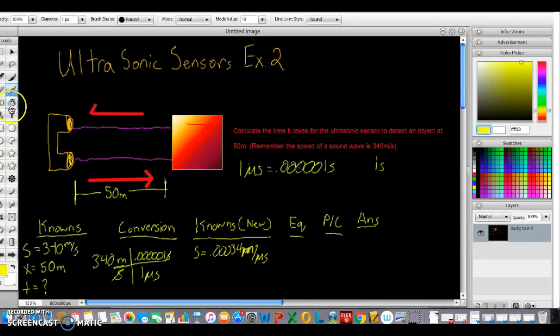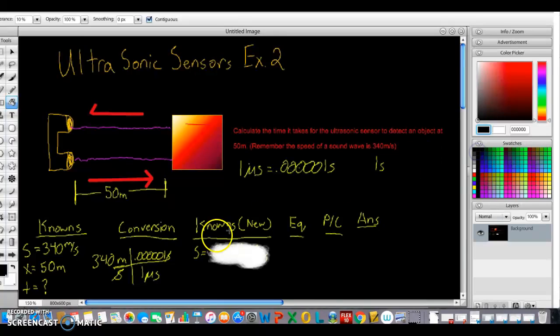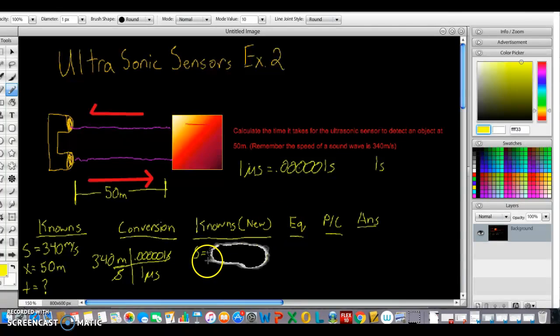Let me rewrite that. 0.00034 meters per microsecond.